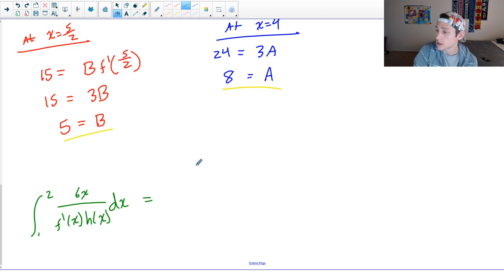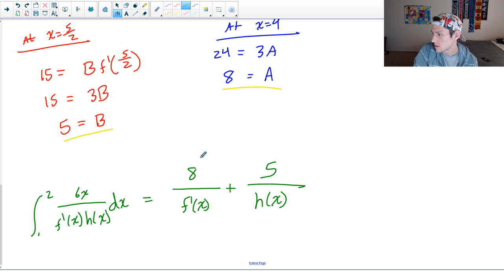All right, and we determined that that is equal to 8, because we got 8 for a, over f prime of x, plus 5, because we got 5 for b, 5 over h of x, dx. And again, still 1 to 2. Bounds don't change.